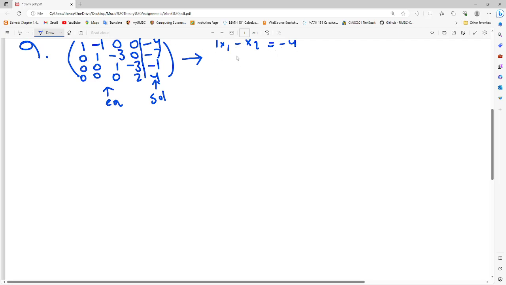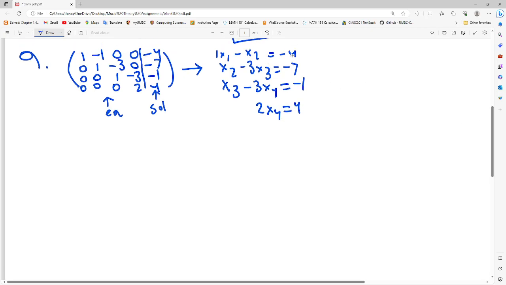For this next equation, we have x2 minus 3x3 equals negative 7. For this third equation, we have x3 minus 3x4 equals negative 1. In our last equation, we have 2x4 equals 4.